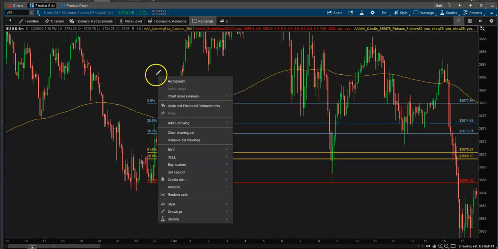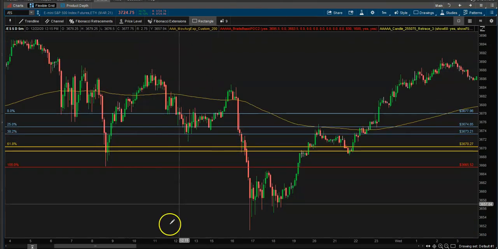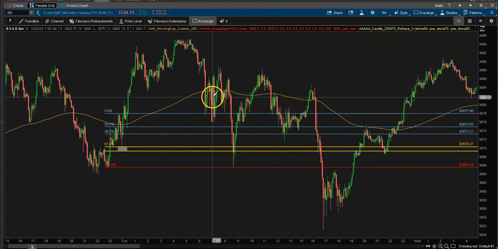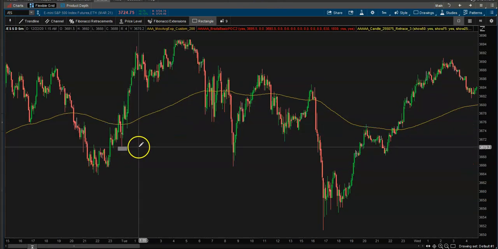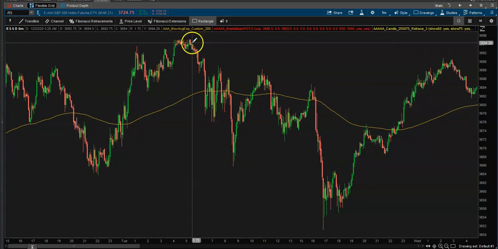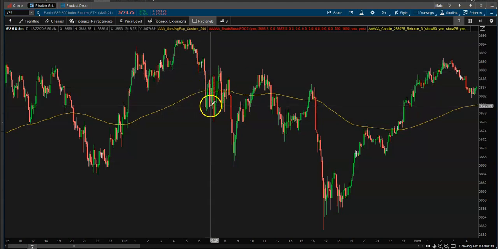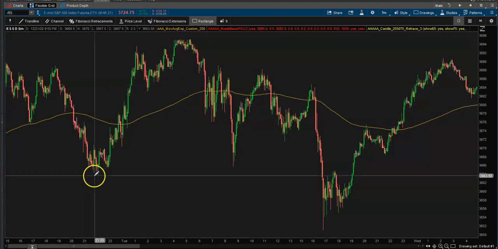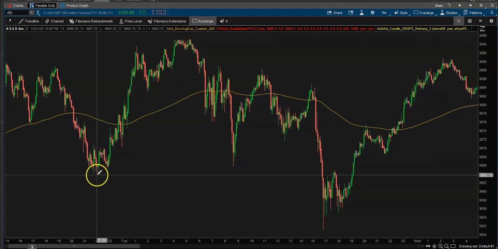So now let's zoom out and look at this on the bigger picture. We see the market make a high and really start to roll over and take out that low. Well, now we have this entire leg from up here all the way down here.